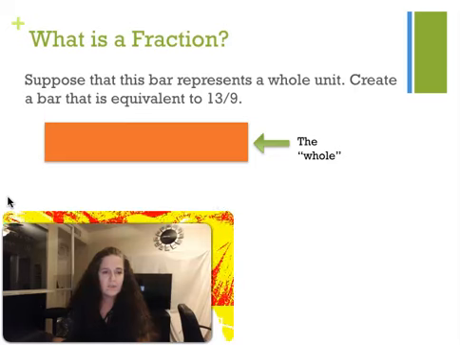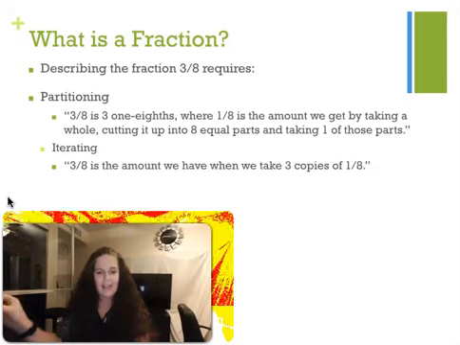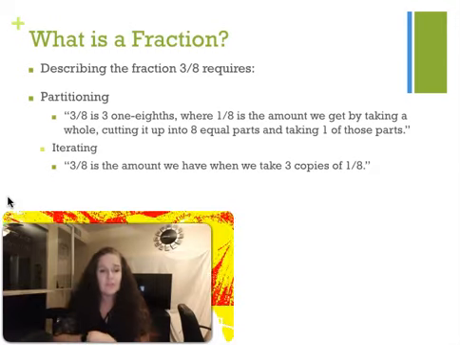And we really want to grab onto this meaning of copies of. So for example, 3/8 is 3 copies of 1/8, where 1/8 is the unit fraction. And you really even want to picture what that unit fraction would look like in your mind.